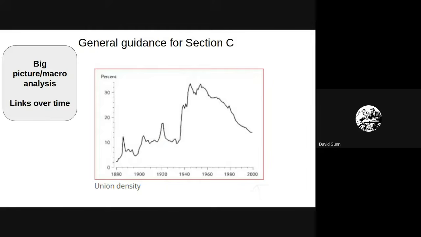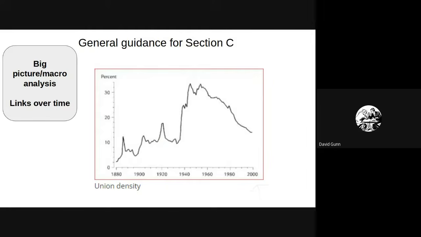For example, around the times of the two world wars in the 20th century, there are really big peaks of union membership. So then you've got that synoptic analysis, the big picture: we can see some themes here, and then it drops off in the later 20th century. Having this big picture overview is really important.